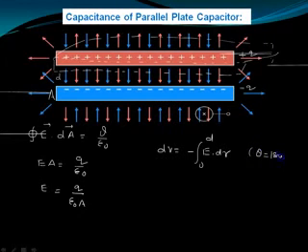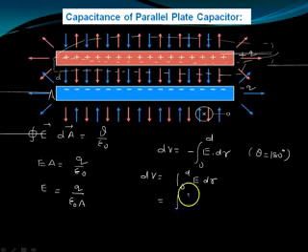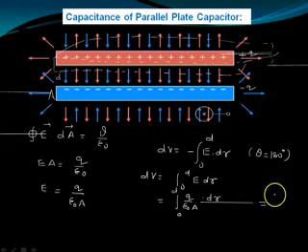That is visible to all of you. So you will say dV can be written as minus minus plus, integral from 0 to D of E dr. Now I can write E equal to Q by epsilon naught A into dr, like this. Integration limit from 0 to D. What we get? We get Qd upon epsilon naught A.